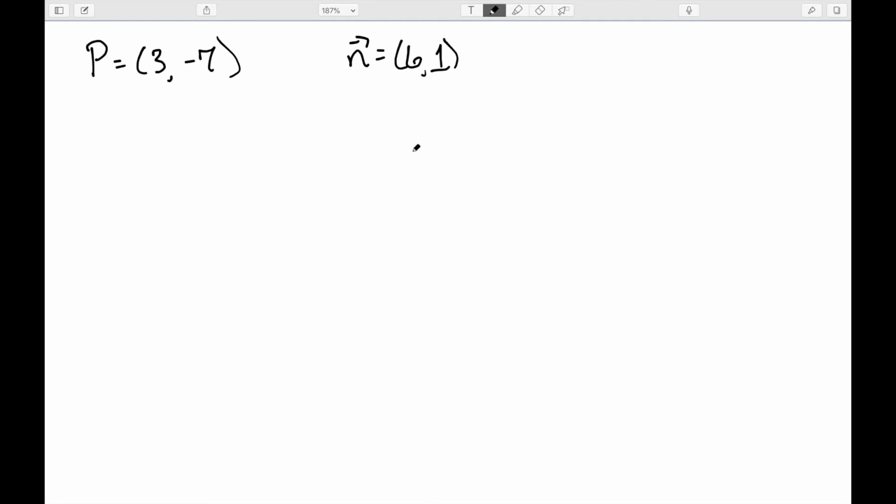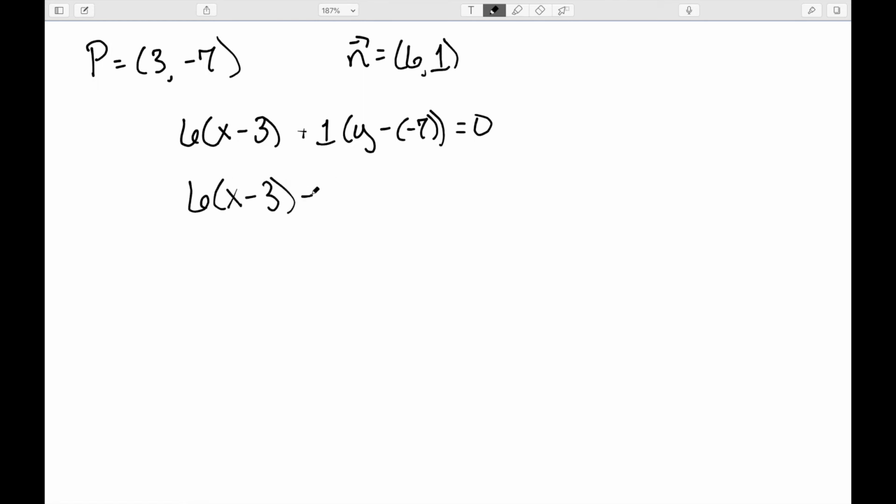As an example, let's suppose we want to find the equation of the line that passes through the point 3, -7 and has the normal vector 6, 1. Then we would do 6 times x minus 3 plus 1 times y minus -7 is equal to 0. Or 6 times x minus 3 plus y plus 7 is equal to 0.